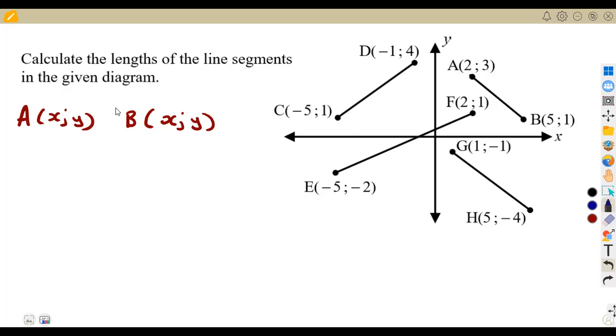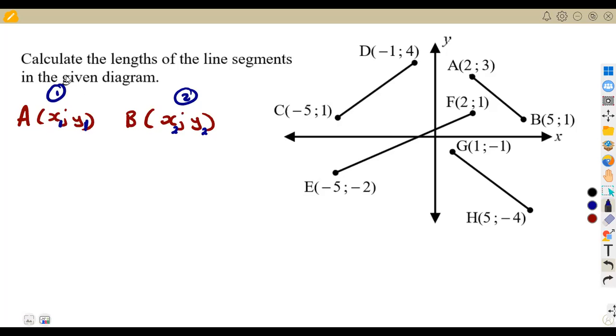But let us just say A is our first point and B is the second point. So we are going to say the x value of the first point can be given as x1, the y value as y1. The same here, x2 and y2 for the second point. This is how you're going to denote and represent your points.